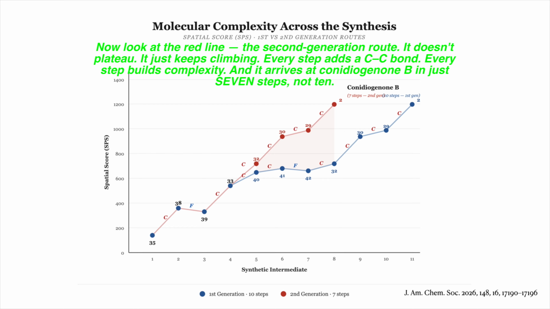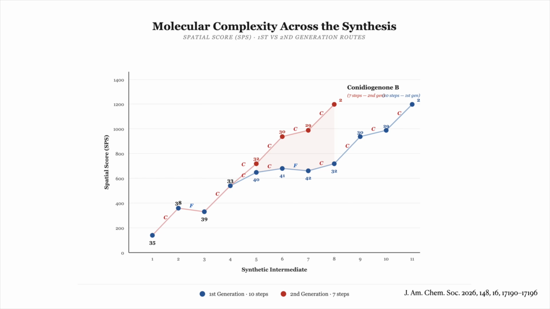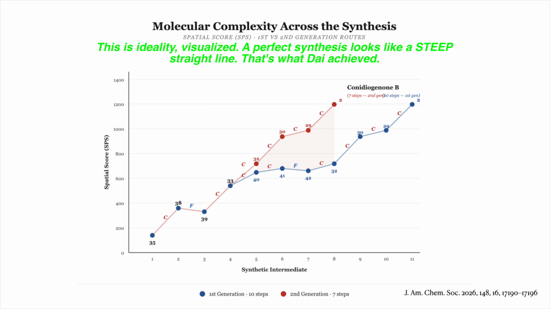It doesn't plateau. It just keeps climbing. Every step adds a C-C bond. Every step builds complexity. And it arrives at Conidiogenone B in just 7 steps, not 10. This is ideality. Visualized. A perfect synthesis looks like a steep straight line. That's what Dai achieved.